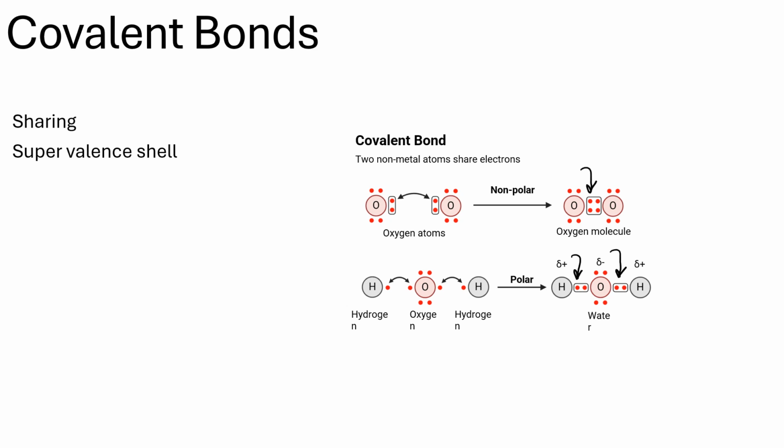So when two oxygen atoms come together, they share two pairs of electrons to make a double covalent bond. And this is what we call molecular oxygen. This is what you're taking in from the air right now, not oxygen atoms, but oxygen molecules.